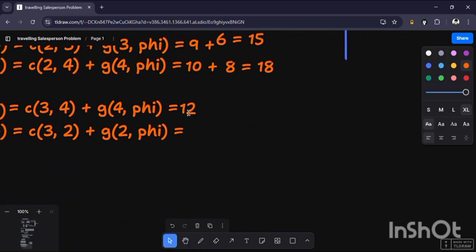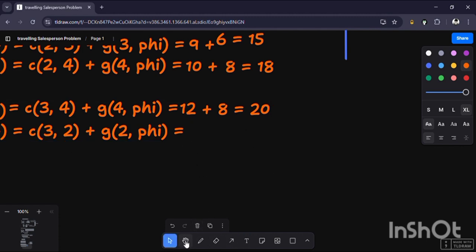So I have to write plus 8 here. 12 plus 8, which is equal to 20.